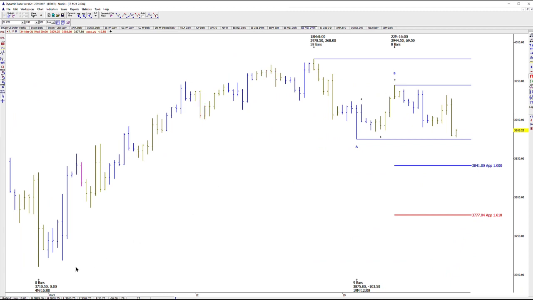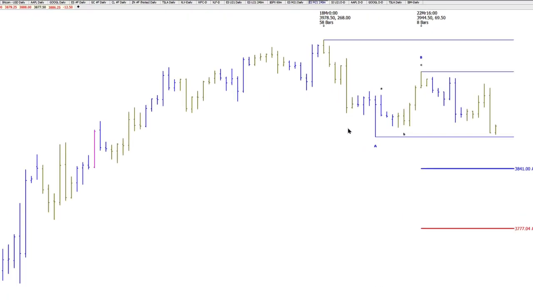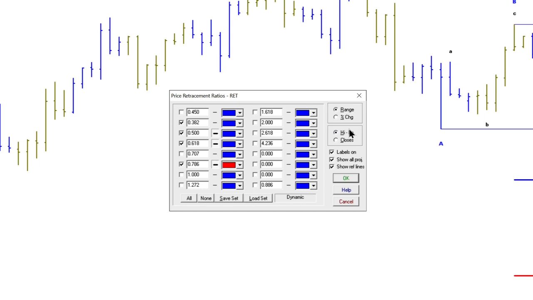So first, let's just do the basic retracements of this advance and see if one or more of those retracements falls very close to one of these two alternate price projections. Let me make sure I have the dynamic retracements, and that we're doing it by range and not by closes, and we are.